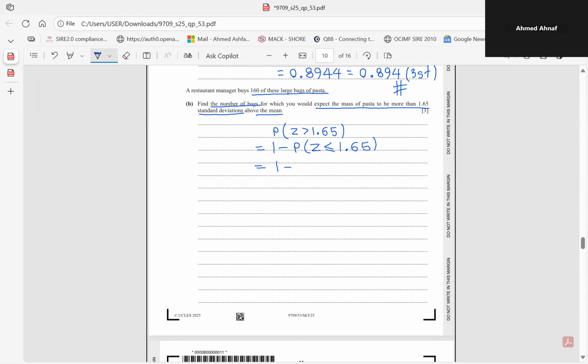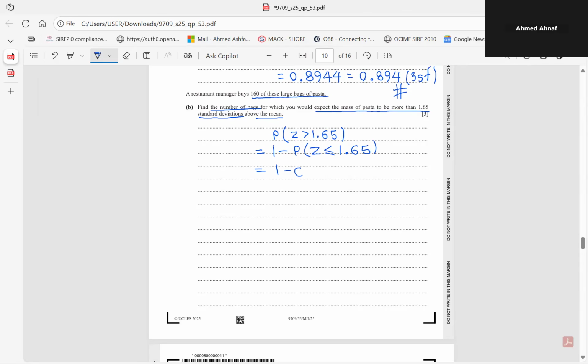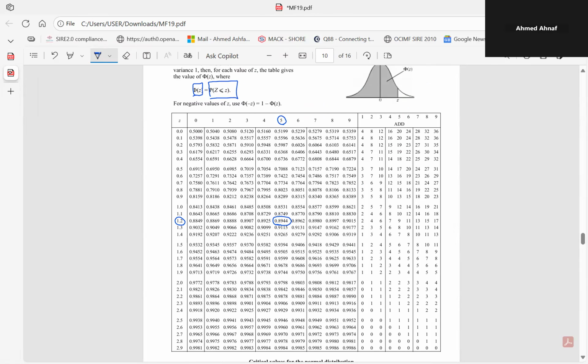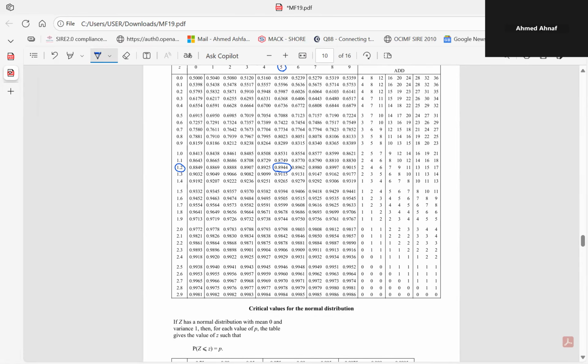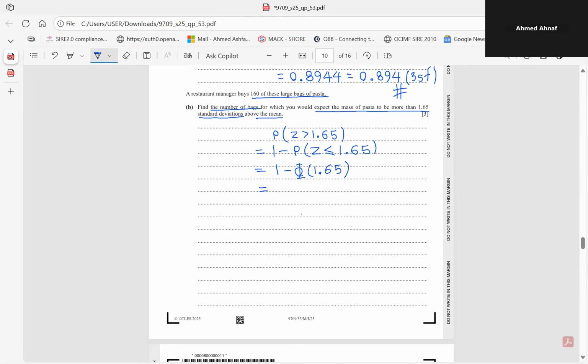And we can rewrite this probability as a function of phi(1.65). So let's find out what the value for z equals 1.65 is. So the first two digits is 1.6, and then the second digit is 5. So this is here. So this is the value 0.9505.